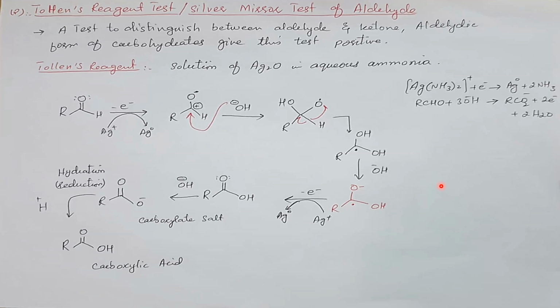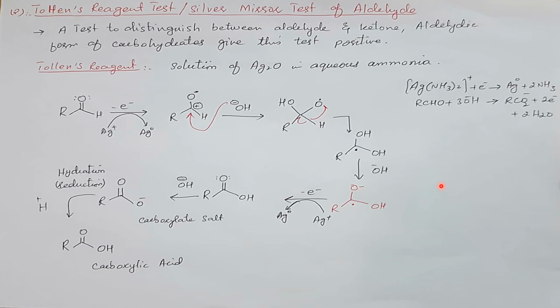You may have discussed it a little bit in organic chemistry in the experimental lab. But now we will see the mechanism, and how we can distinguish between aldehydic carbohydrates and ketonic carbohydrates on the basis of Tollens' reagent.